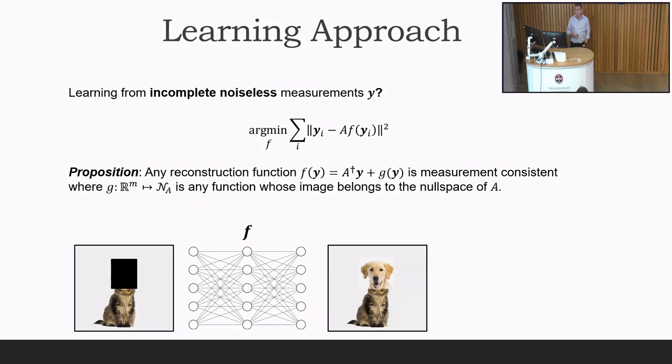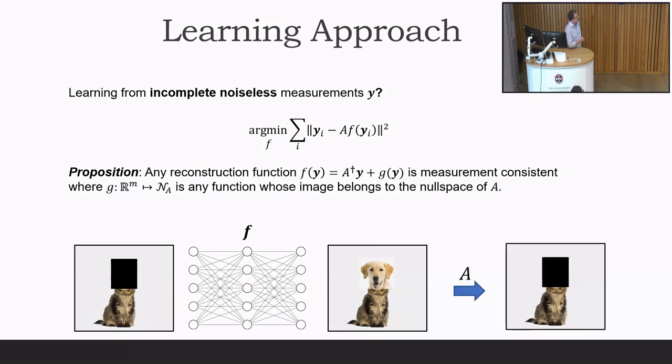So as Julian showed just now, if we have a picture of our cat with a null space, so it's missing the head, I can stick whatever I want in the head, and when I apply A, I will get exactly my measurements back.